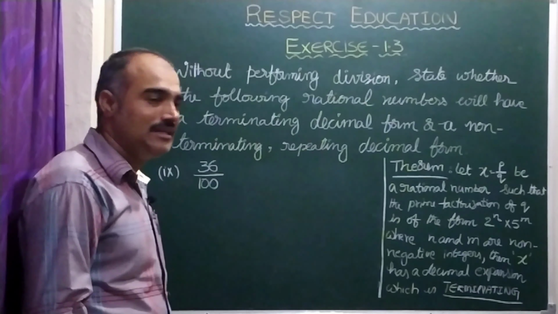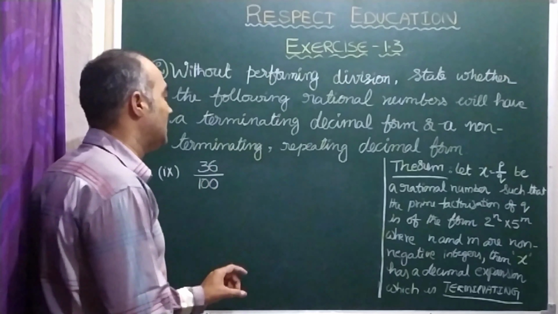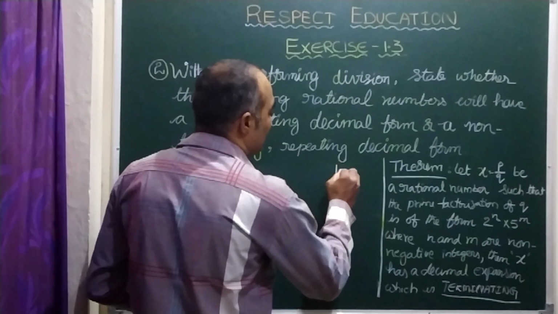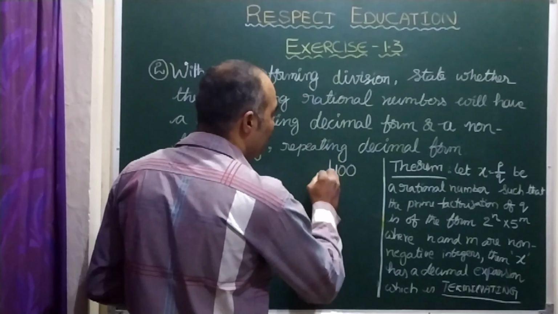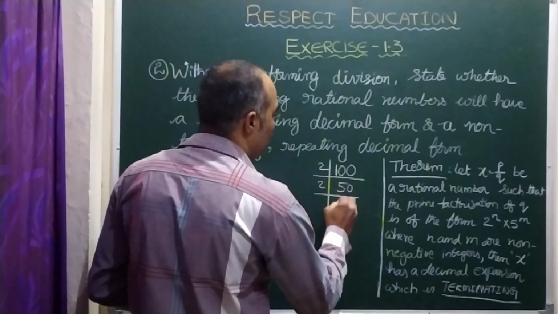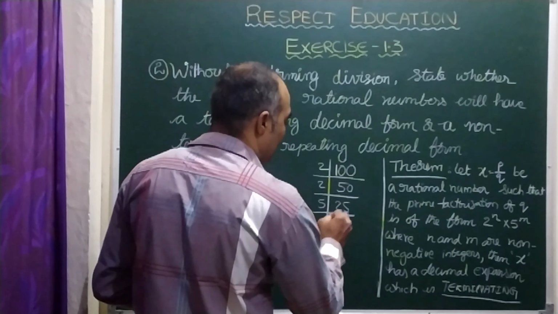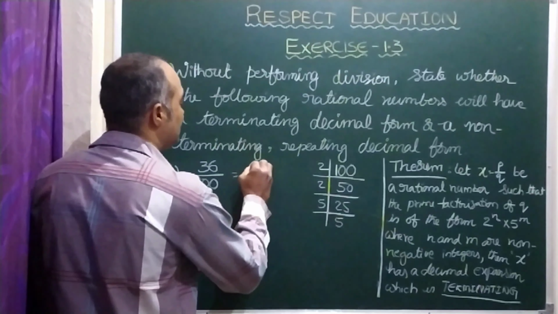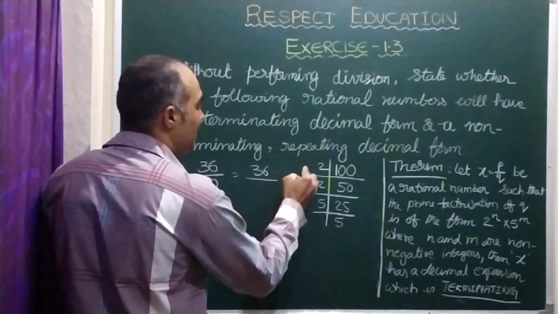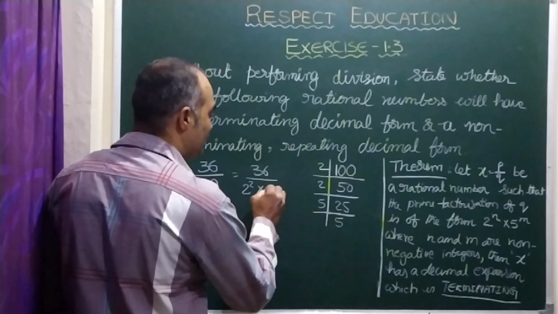Now let us see the next bit, that is the ninth bit. 36 by 100. Here q is 100. So let us write the prime factorization of q. With 2: 2 fifties are 100, again 2 twenty-fives are 50. Now with 5: 5 fives are 25. Right? So here it can be written as 36 by 2 into 2, 2 square into 5 into 5, 5 square.